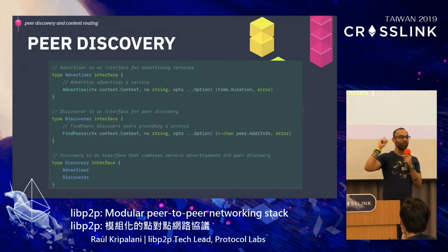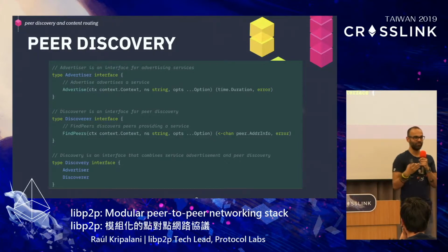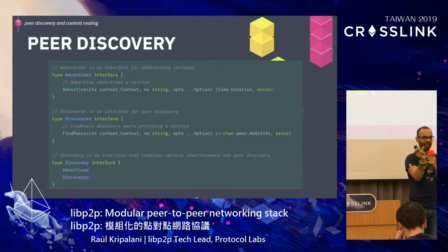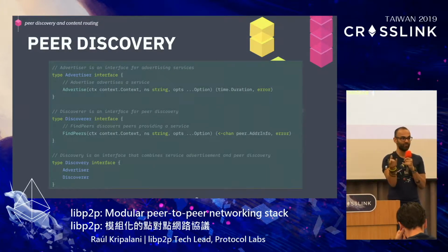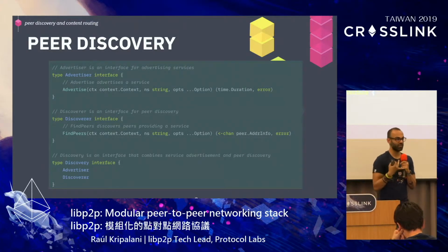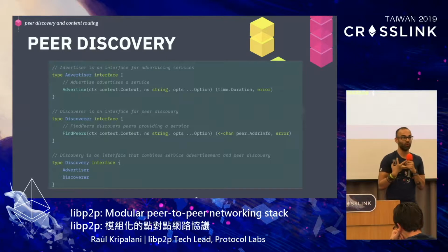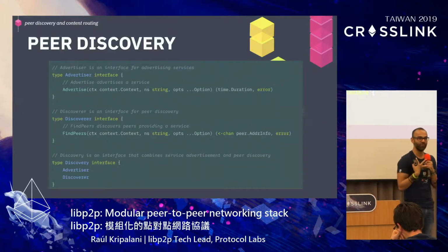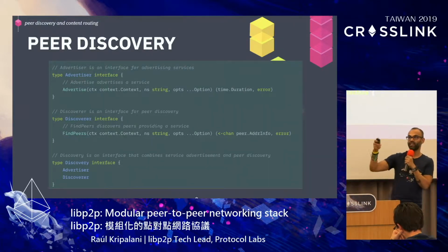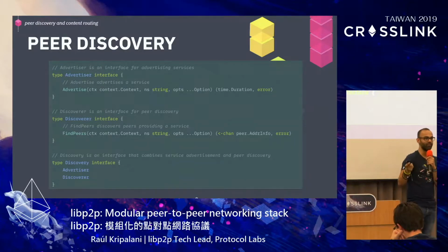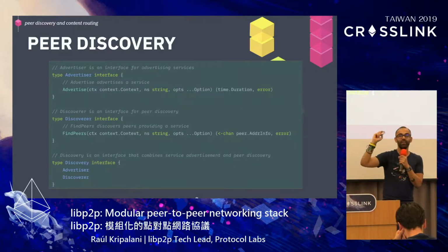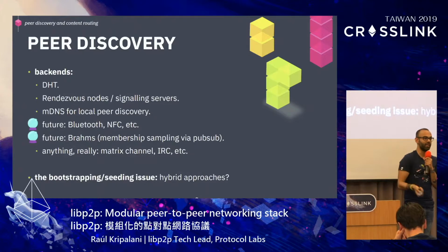So up until now, we've talked about 2 peers establishing a connection to one another. But you have to realize that in a peer-to-peer network, there is no central authority, there is no central directory of peers, you don't know who's out there, right? So you need to discover who's out there. And libp2p provides an abstraction called peer discovery. It's basically a very simple interface that can be backed by many implementations.